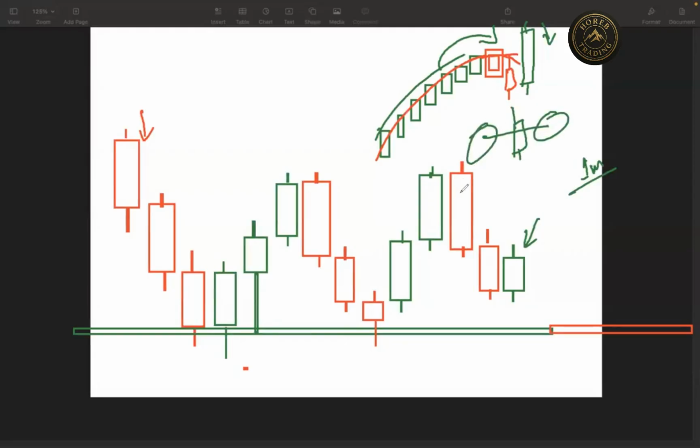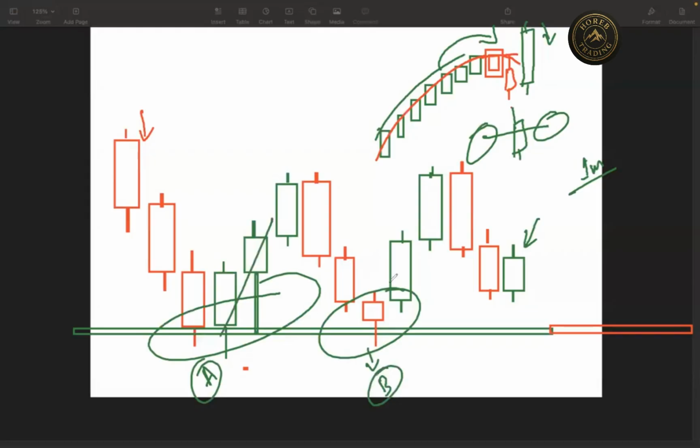Because of this buyer zone, we have a rejection. This buyer zone is respected. You can see that the zone is respected: 1, 2, so this is the third time, and because of the broken momentum, if a sellers candle enters right now, its power is reduced. We have a rejection.